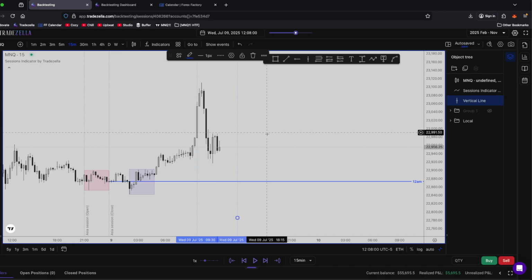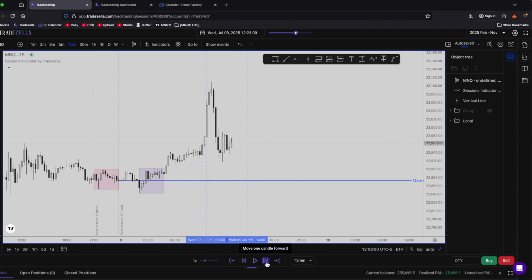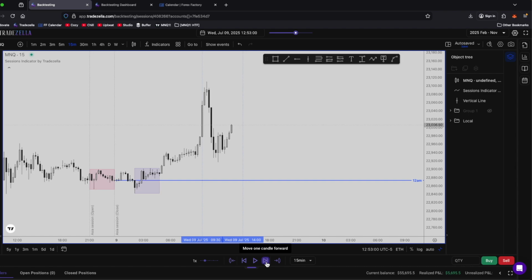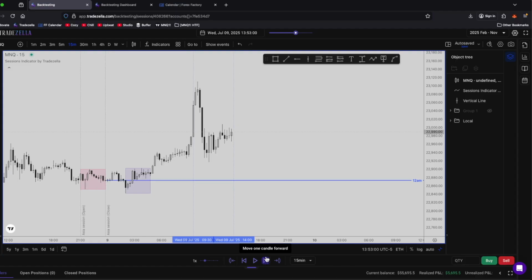And we're just going to go straight to 2 o'clock. So kind of consolidating and floating upwards. So there's that. Here's 2.